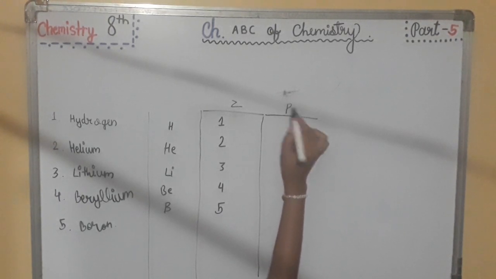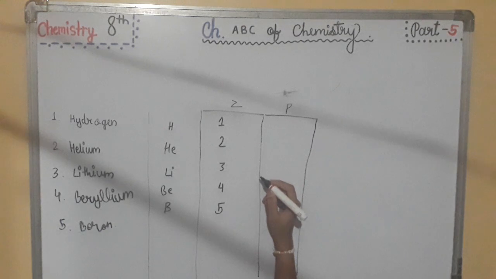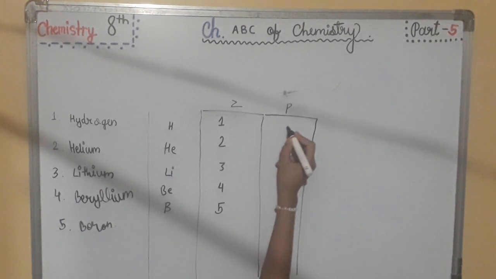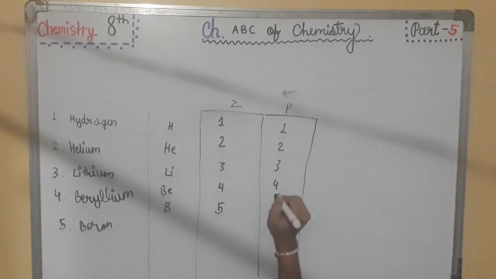So that is 1, 2, 3, 4, 5, as the atomic numbers and protons are equal.